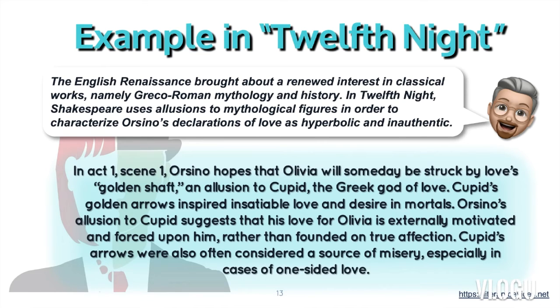Cupid's golden arrows inspired insatiable love and desire in mortals. Orsino's allusion to Cupid suggests that his love for Olivia is externally motivated and forced upon him, rather than founded on true affection. Cupid's arrows were also often considered a source of misery, especially in cases of one-sided love.